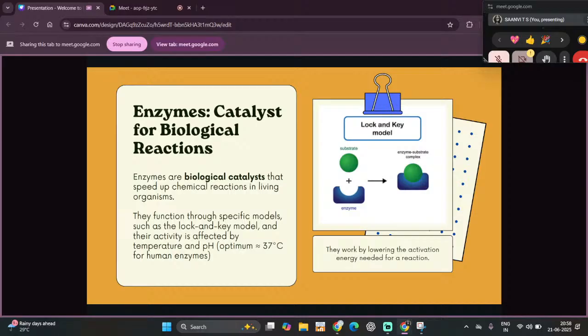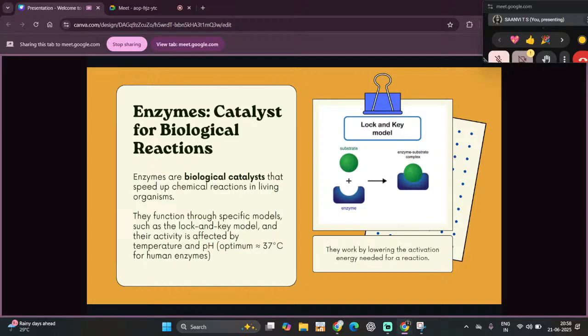So, as you guys can see in the diagram, the enzyme sort of has these troughs, which are like where the substrate binds. And because they are highly specific, each enzyme's trough is in such a way that only a specific substrate can bind to it to form an enzyme substrate complex. So, the lock and key model is sort of unique for every enzyme. That is, the trough is unique for every enzyme.